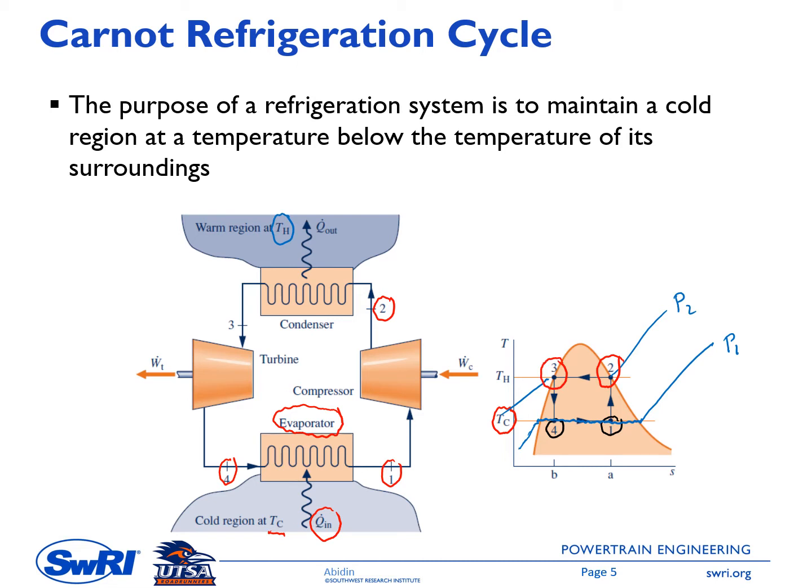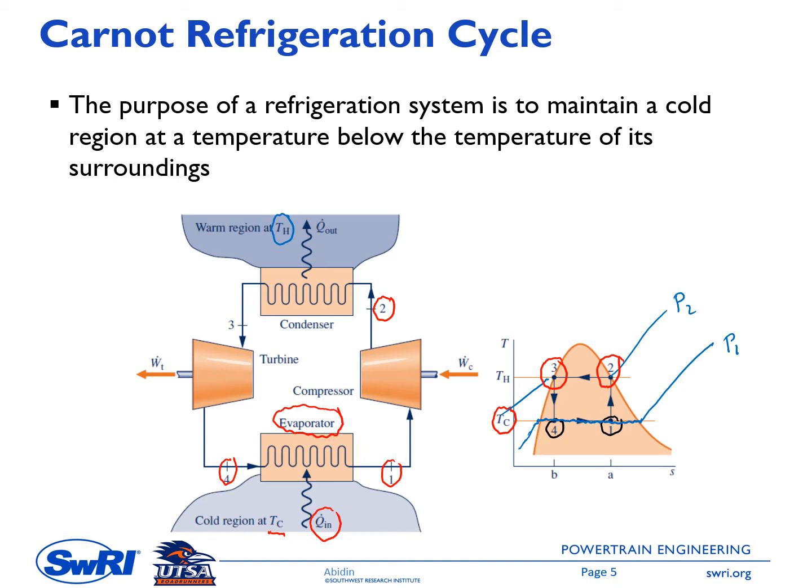There is a heat transfer out of the working fluid, therefore the enthalpy, so this is an open system, so we will use enthalpy when analyzing the system. Because there is a heat transfer inside the condenser, the enthalpy decreases from the one at state 2 to state 3.